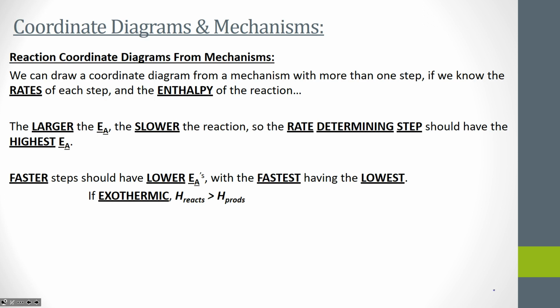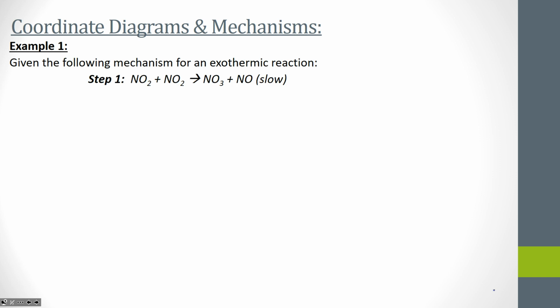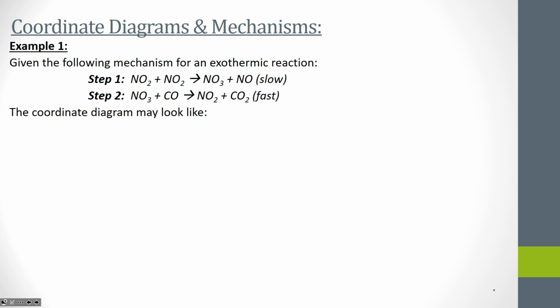If a reaction is exothermic, then our reactants have more energy than our products, so the products have lost energy. If it's endothermic, then our products have gained energy. They'll end up higher. So here's an example of a coordinate diagram for this mechanism. If you look at our first step, we know that this step is slow. That tells me that it has a high activation energy.